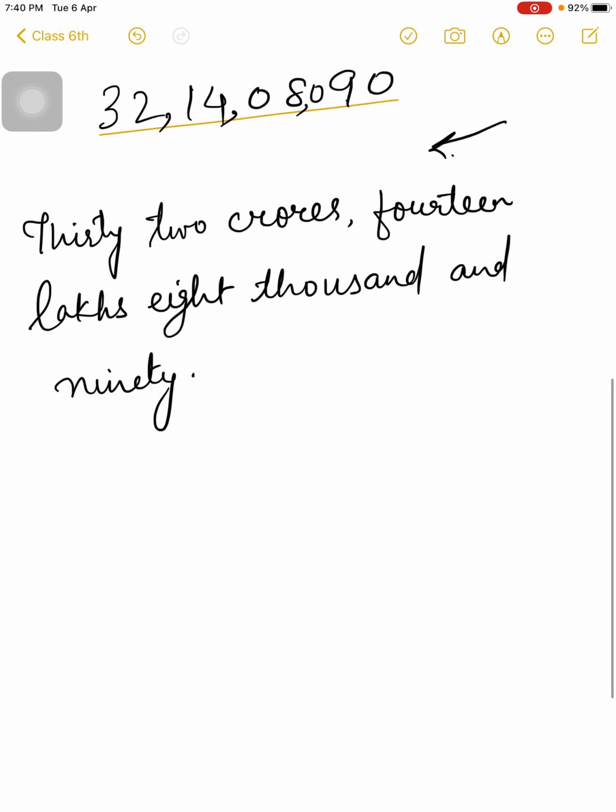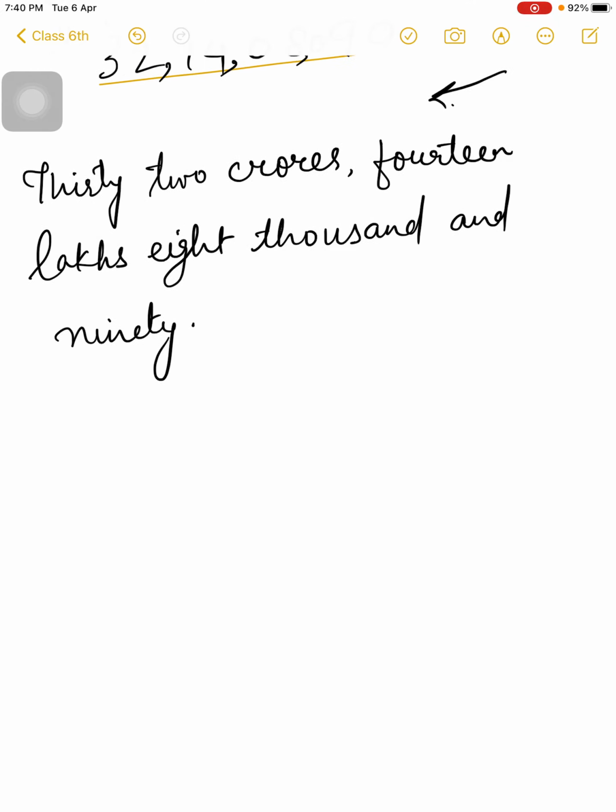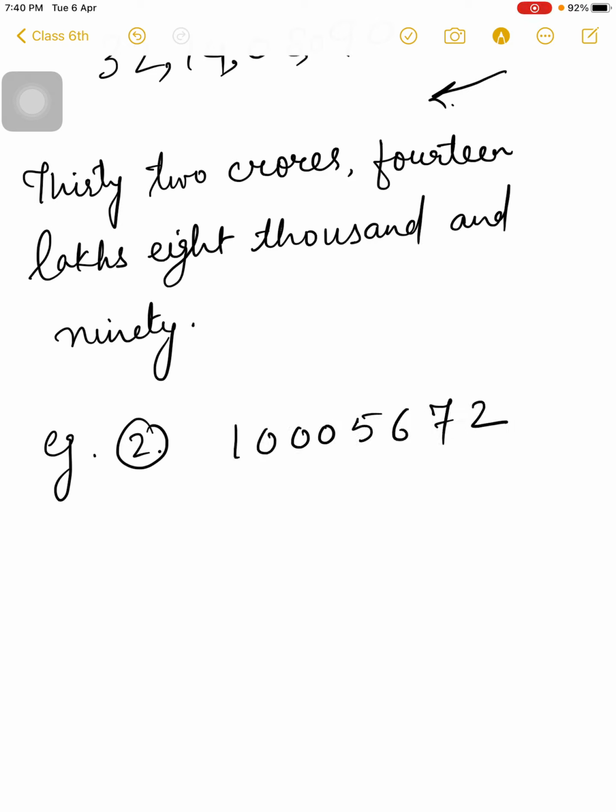So I'm going to take one more example here, example number 2, so that you can understand the numbers. It is 1,00,05,672. So what will we do?